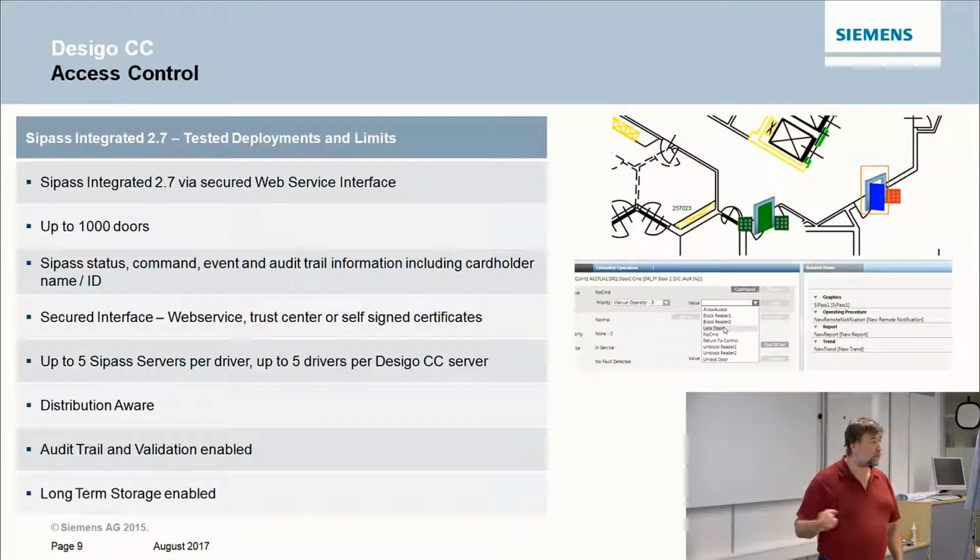So even here on SiPass, this was one of the main focuses. But even more so, in 2.1, we have done an intermediate step. We have integrated the access control system via BACnet. One difficulty of BACnet is it's not secure. It is an open protocol. Now, opening a door, closing a door is already bad enough.